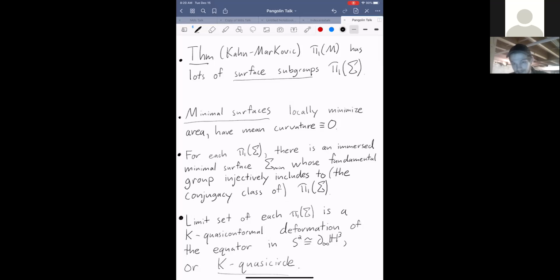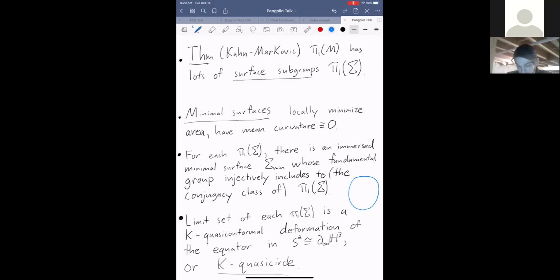If you lift that to the universal cover, you get a properly embedded disk in three-dimensional hyperbolic space. In the Poincaré ball model, which I'm drawing as a circle here, the limit set is the set of accumulation points of your lifted surface in the boundary at infinity.